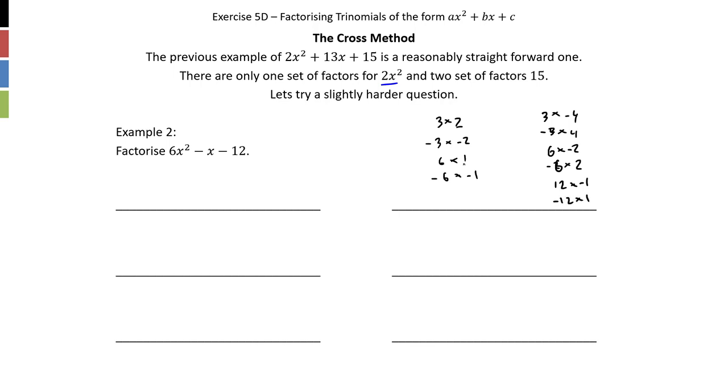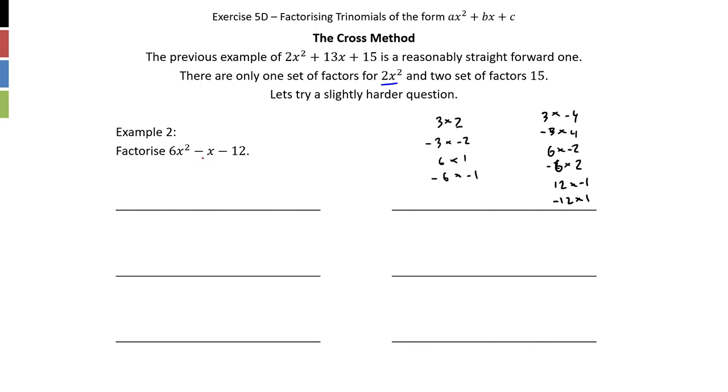So there's 4 combinations we could try for the left side of our cross, and there are 6 combinations we can try for the right side of the cross. Now you'll get a little bit of a feel for these with practice.